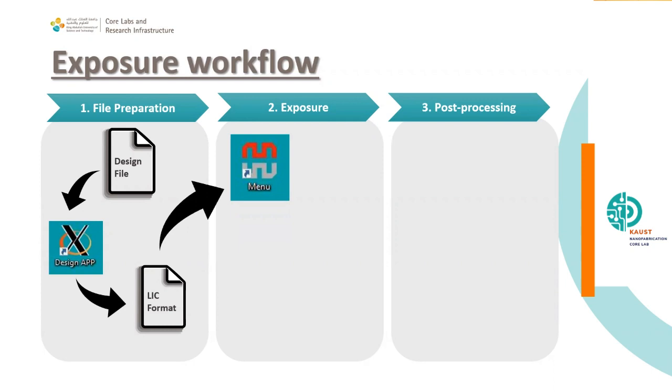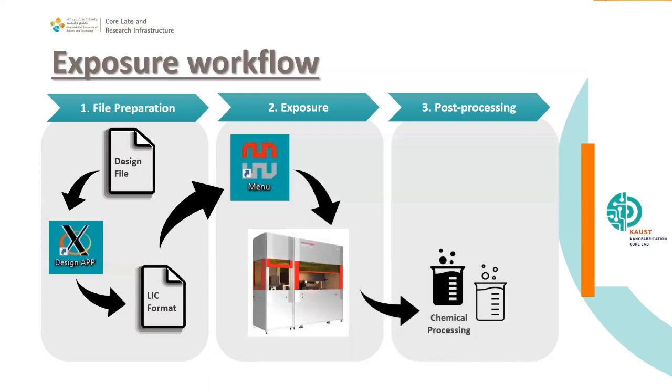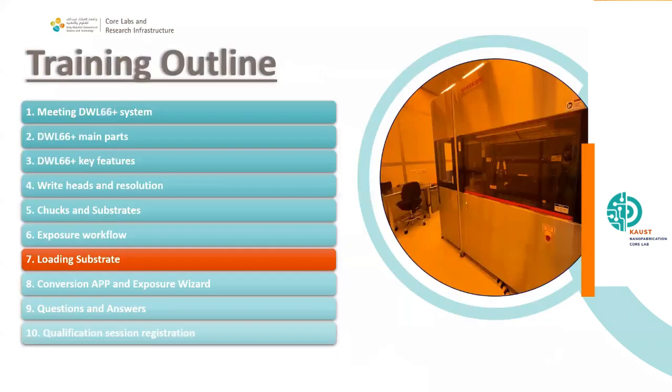Once we load it there, we can expose. After exposure, of course, we will need to develop, or if it's a mask, we will need to develop, etch, and clean. And then, sorry, the last step is the final inspection. So this is the workflow.